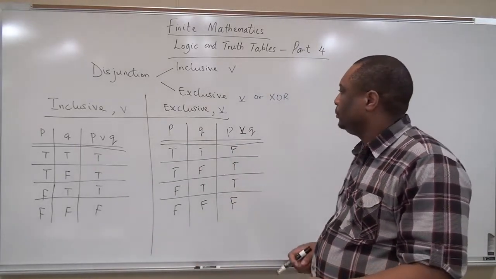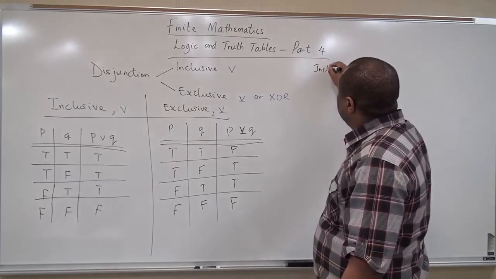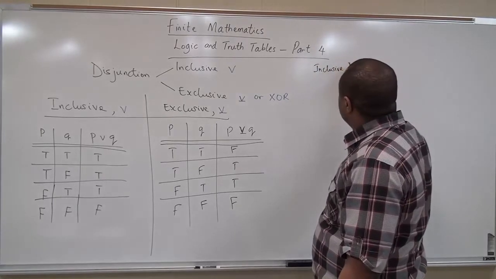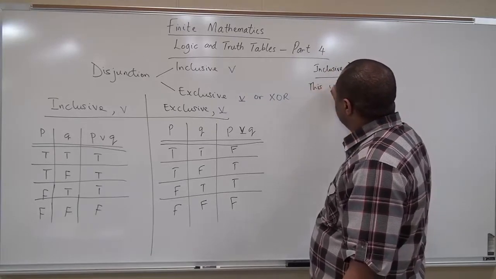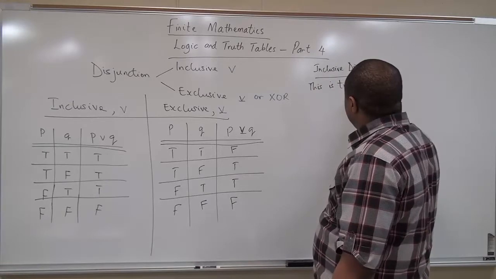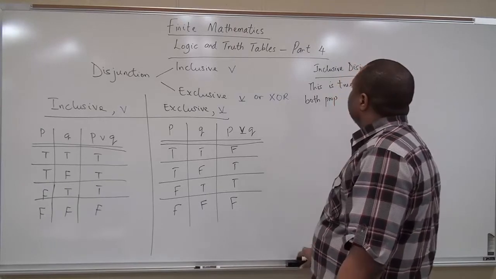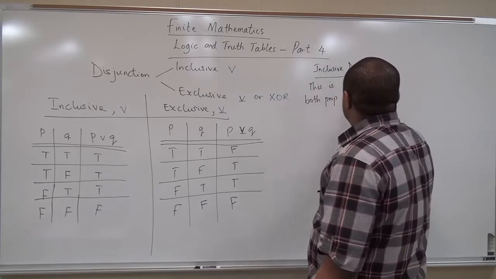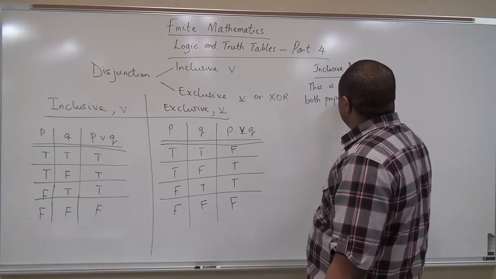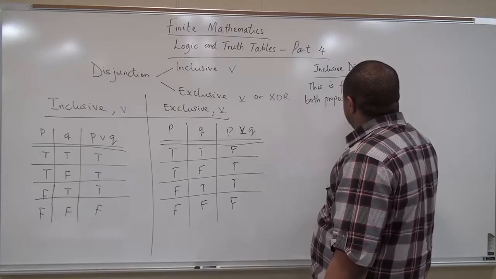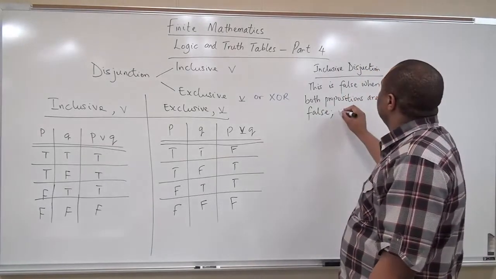Otherwise, it is true. So inclusive disjunction is false when both propositions are false. Otherwise it is true.